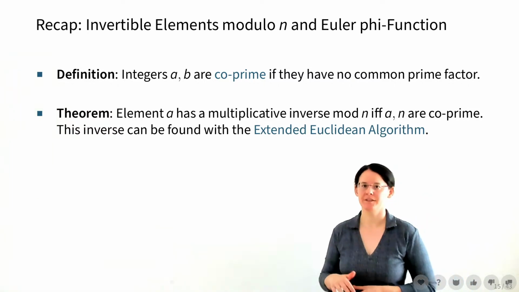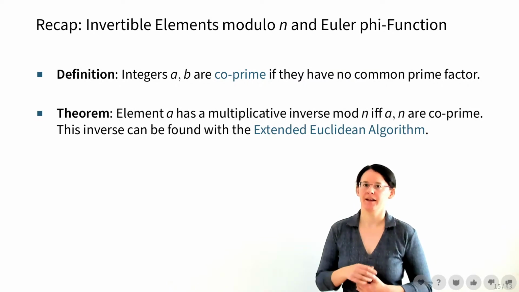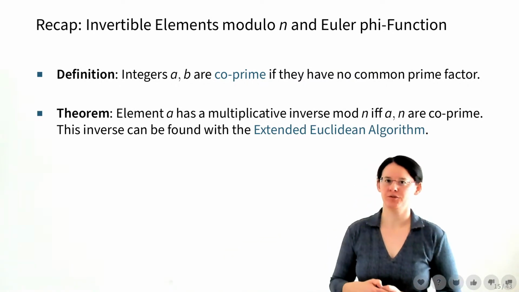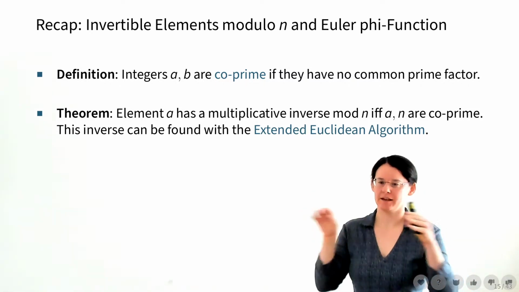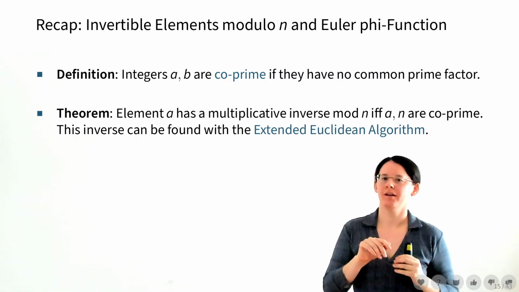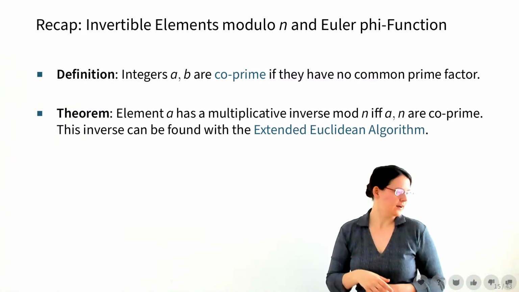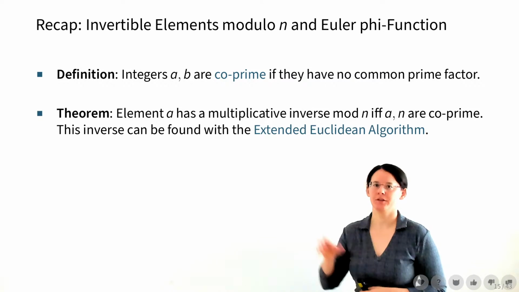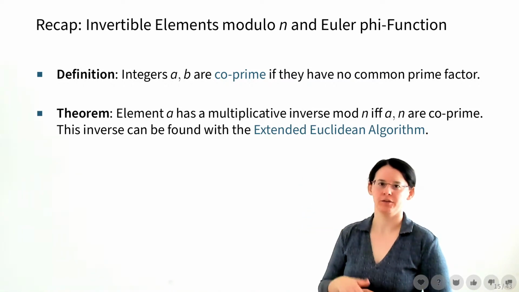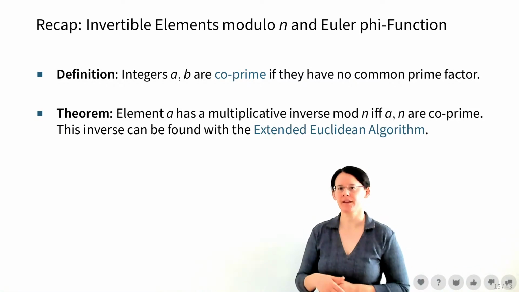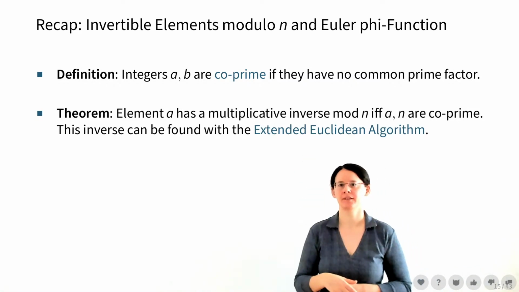One of the algorithms that some of you might know is the extended Euclidean algorithm, which is really just a simple computation rule that sets up a little table, and at the end of the table you get exactly the inverse of the two. I'm not going into details here, but if you're interested, you can look it up easily on Wikipedia or so. There's a good explanation, and it's really very simple to evaluate.